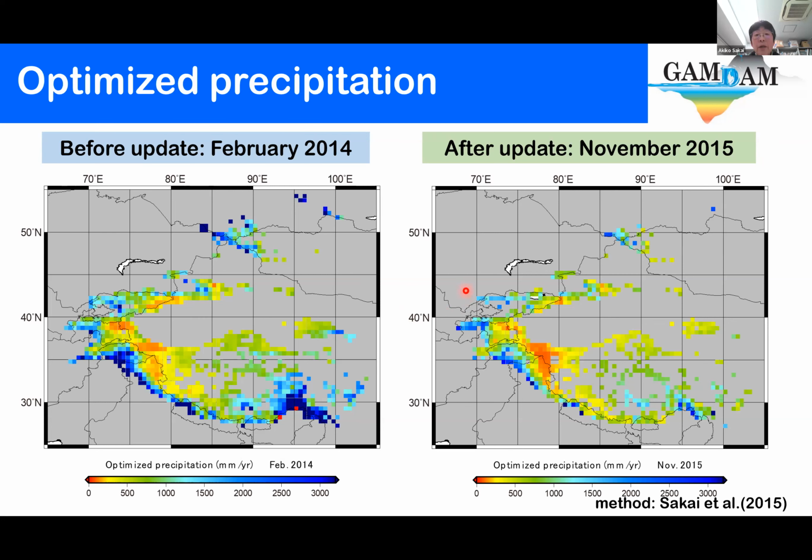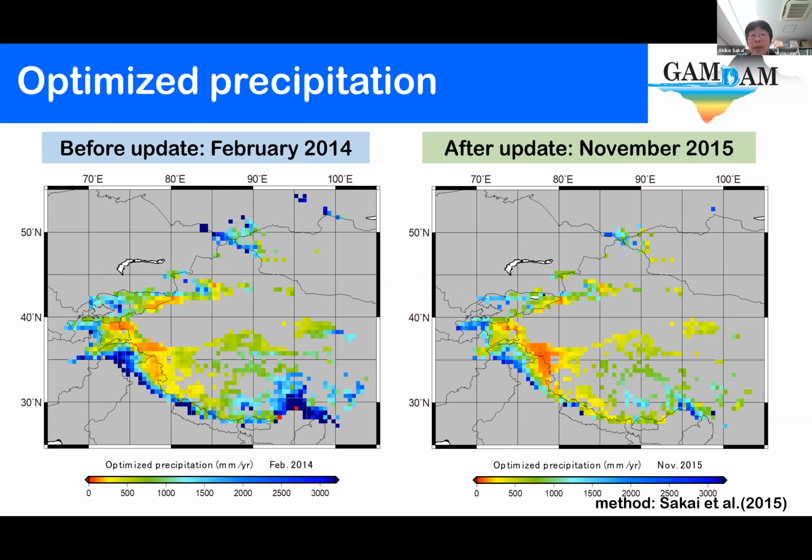So I will explain how I estimated optimized precipitation. Usually, free atmosphere air temperature in reanalysis data sets corresponds well with observed data in mountain areas, but precipitation does not correspond well. So in this method, we assumed that median elevation is equal to the ELA, equilibrium line altitude.